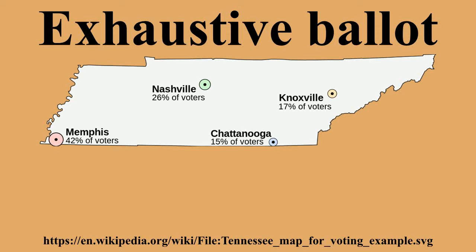However, the exhaustive ballot is still vulnerable to tactical voting under some circumstances. Because of the similarity between the two systems, it is open to the same forms of tactical voting as instant runoff voting. Although the exhaustive ballot is designed to avoid compromising, the tactic is still effective in some elections.